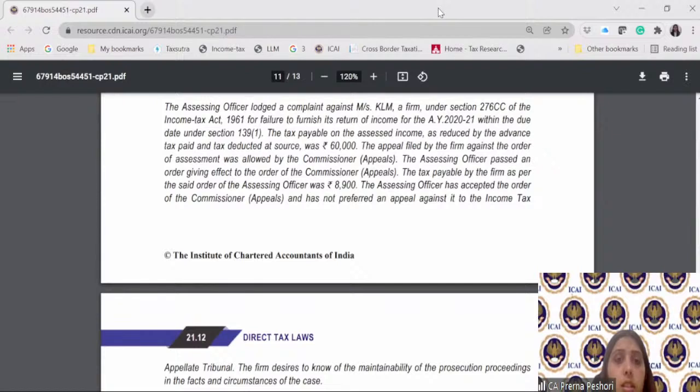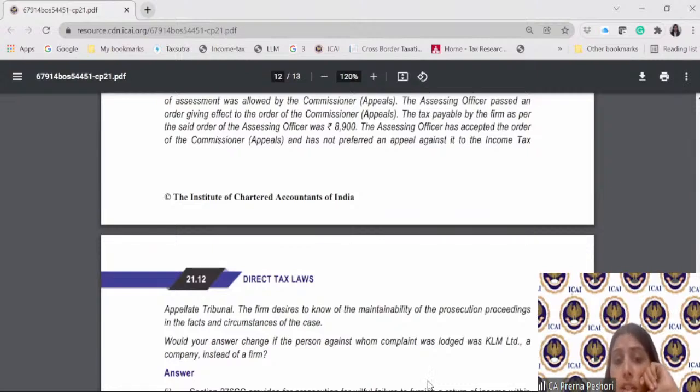What will be the answer in this case? Also, the question asks, would your answer change if the person against whom the complaint was lodged was a company instead of a firm? Give me the answers very quickly. Yes, Akshay, correct.